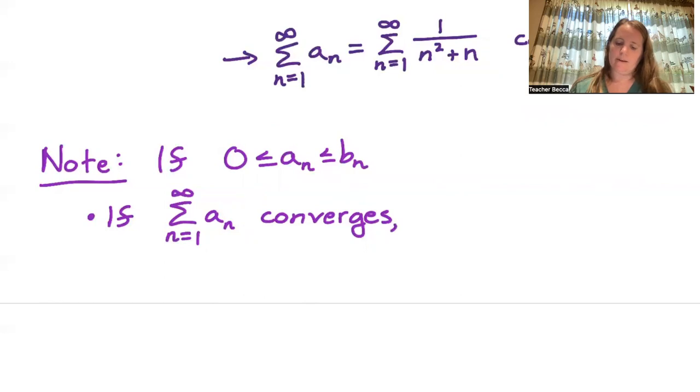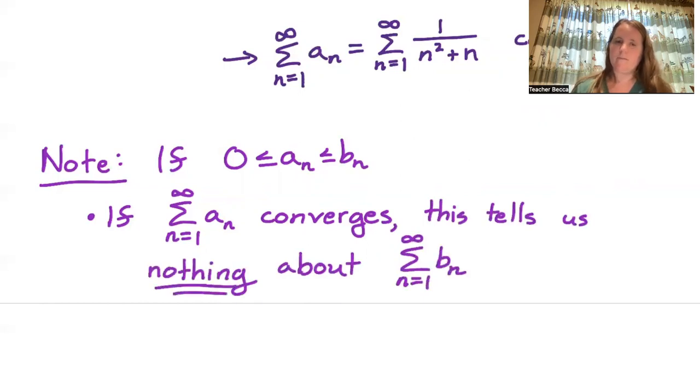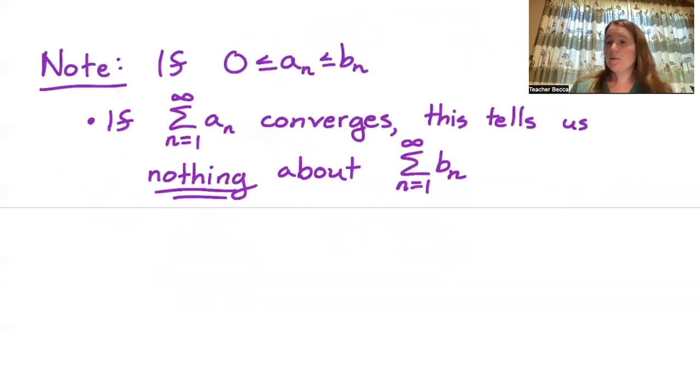So if the sum of a sub n converges, this tells us nothing about the sum from n equals 1 to infinity of b sub n. It could converge, it could diverge.